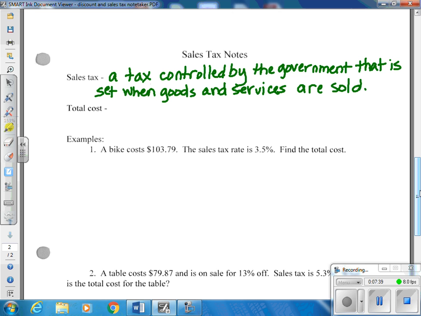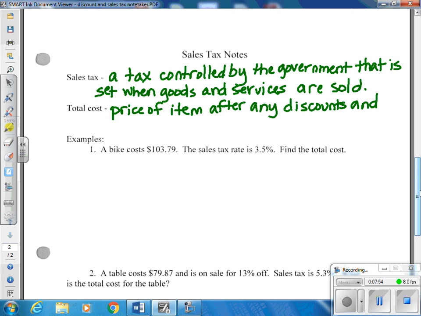Okay, and the total cost is the price of the item after any discounts and sales tax have been figured in.